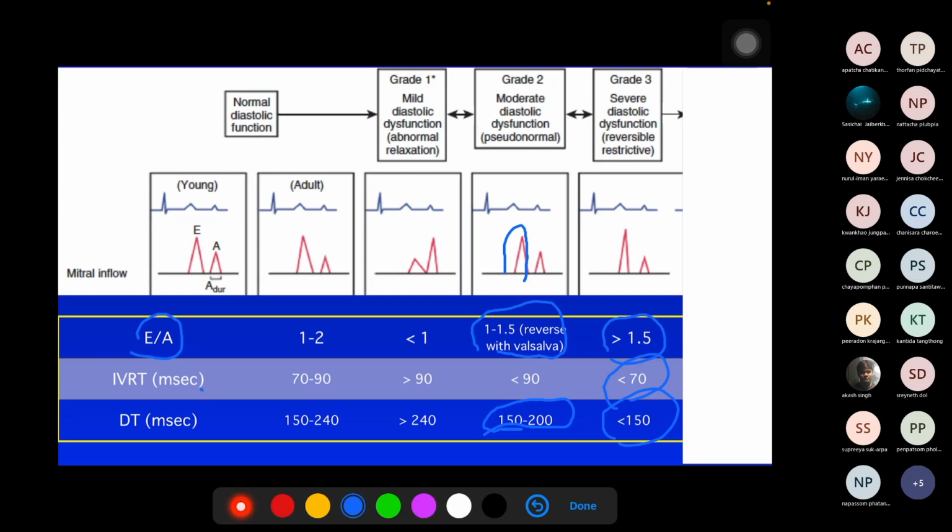The IVRT is very short because the LA pressure is very high. When the LA pressure is very high, it takes a shorter time for the LV pressure to fall below the LA pressure.